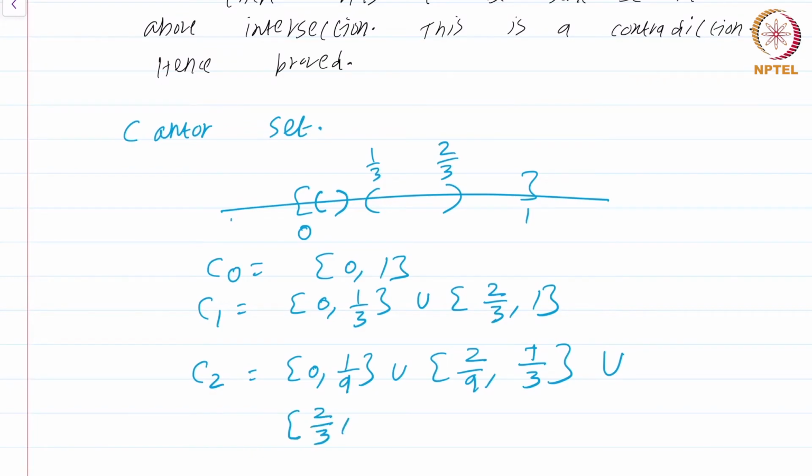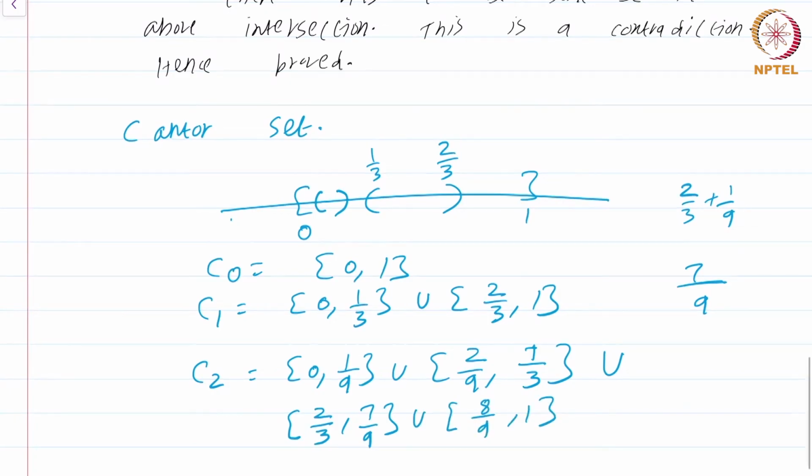Now I need to figure out what is the next one after 2/3. So that's just 2/3 plus 1/9. If you quickly do the arithmetic, this is going to be 7/9. Now the open interval (7/9, 8/9) is removed, so this is going to be union [8/9, 1].